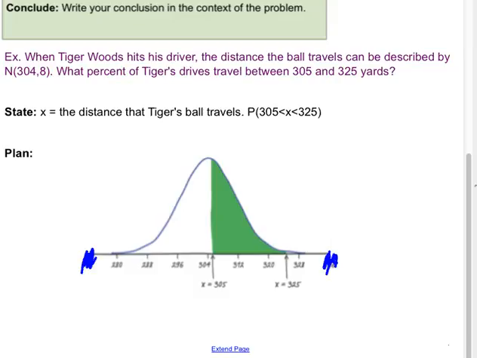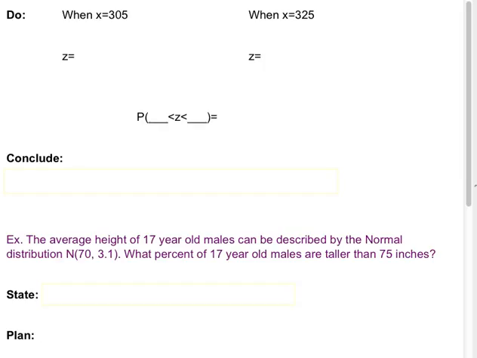So from there, let's start doing some calculations. So the difference between yesterday and today is yesterday you were being given these z-scores. Today, you need to find the z-scores for me, okay? So we need to look at this and say, well, what is the z-score for getting 305 or getting 325?